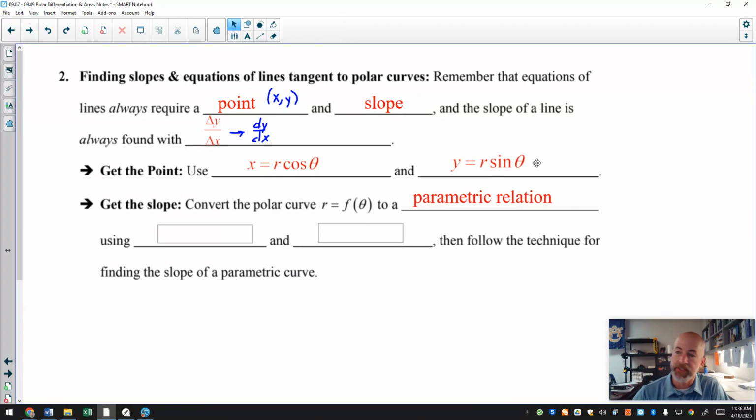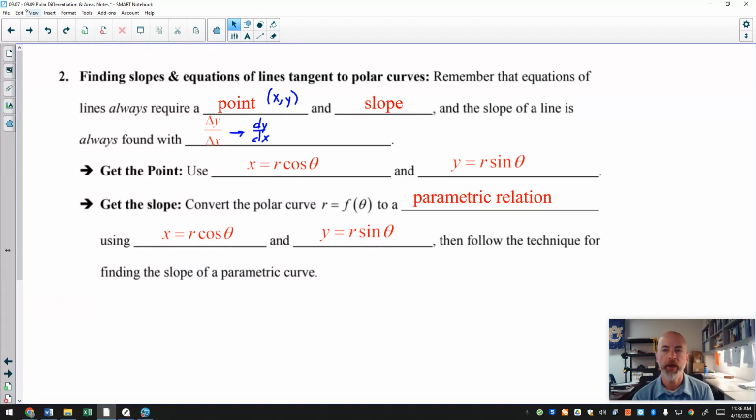They're not t's, but we do have x and y both defined by a third independent variable of theta. That is a parametric relation. And then once you convert it to parametric, you can just use what you know about parametric curves to find the slope of the polar curve.